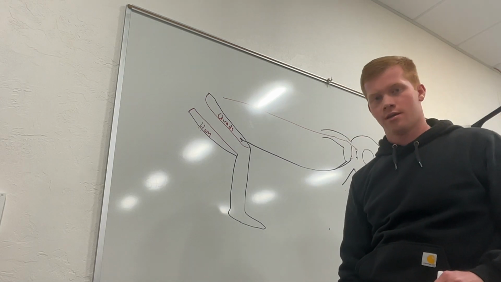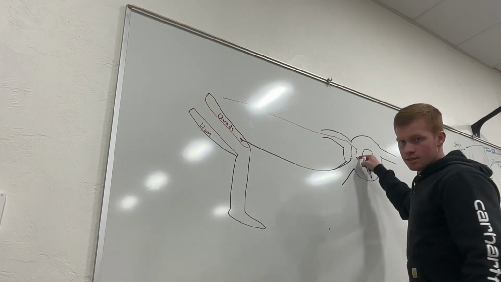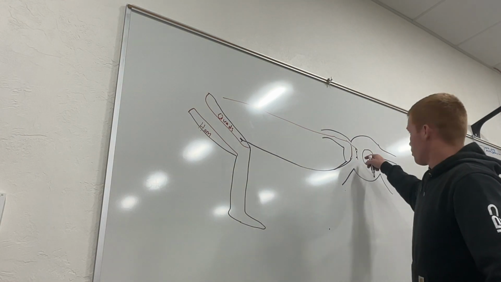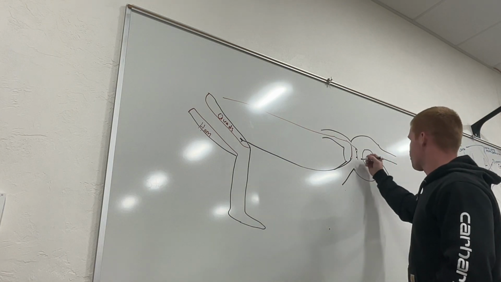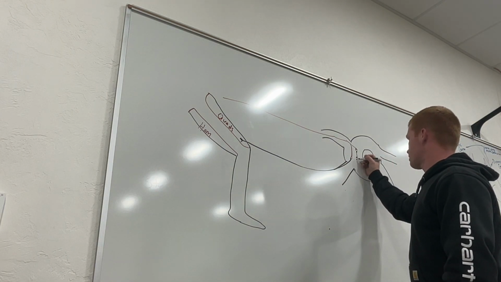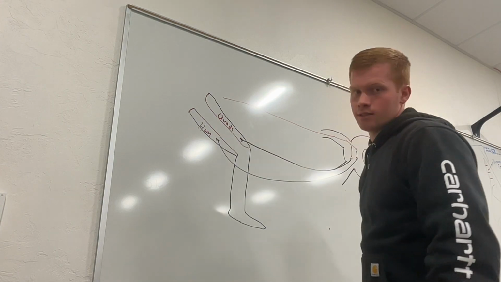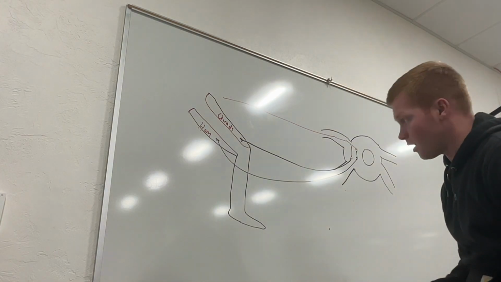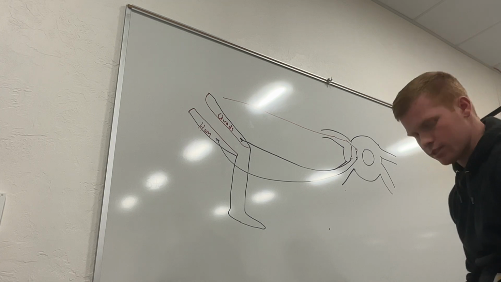So it's going to send an EPSP to this interneuron, which is going to translate it, or change it, so it becomes an IPSP, so it inhibits the hamstrings to stop contracting.